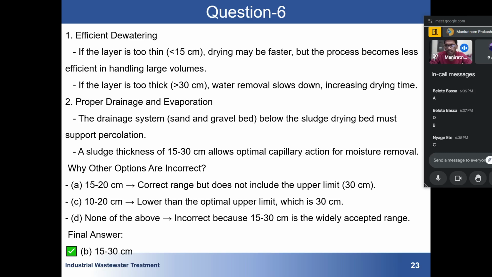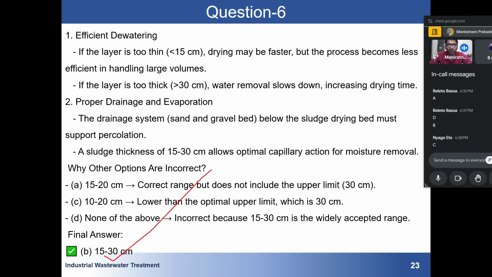The drainage system below the sludge drying bed must support percolation. You can see that for the other option, someone was saying A, that is lower than the optimum upper limit, which is 30 centimeter. So that's why the correct answer was B, that is 15 to 30 centimeter.